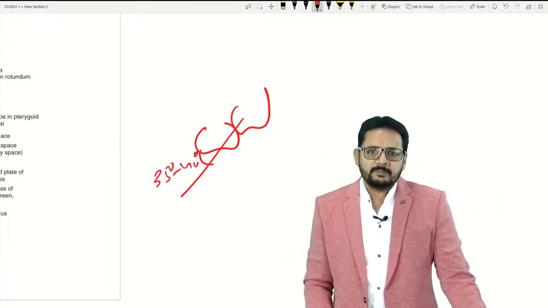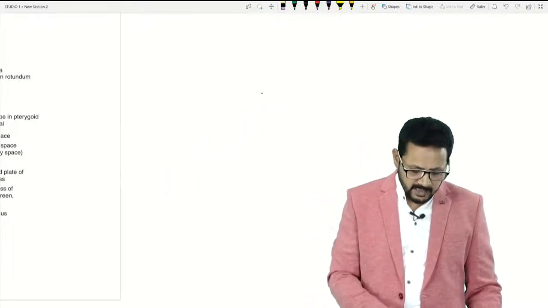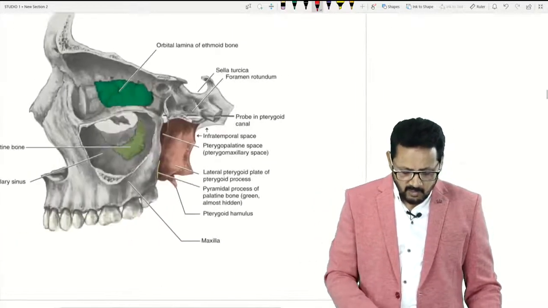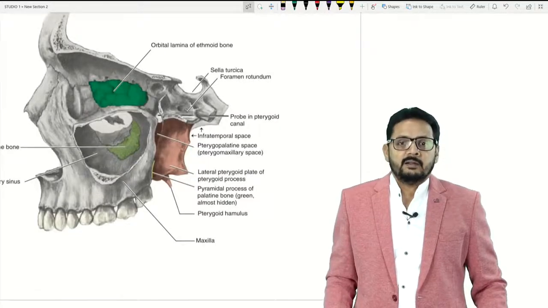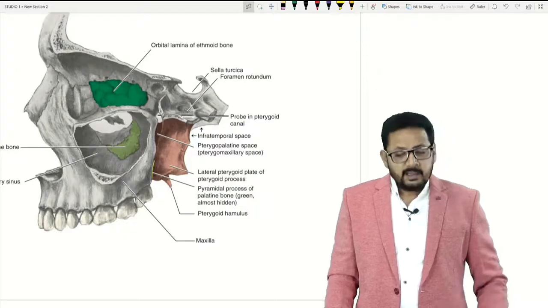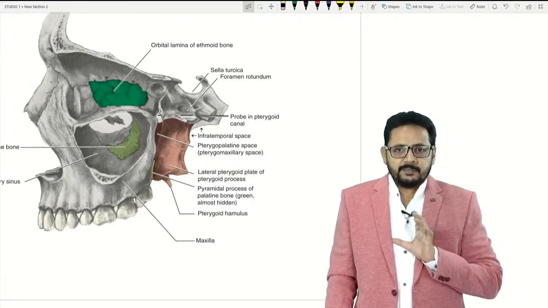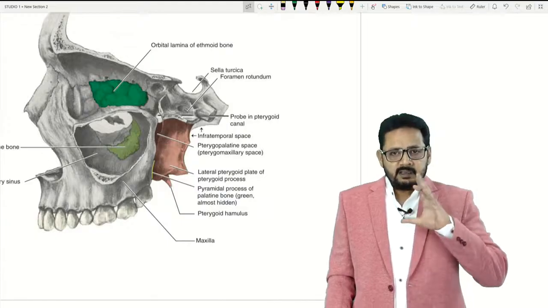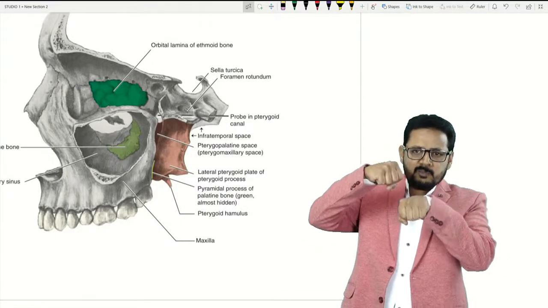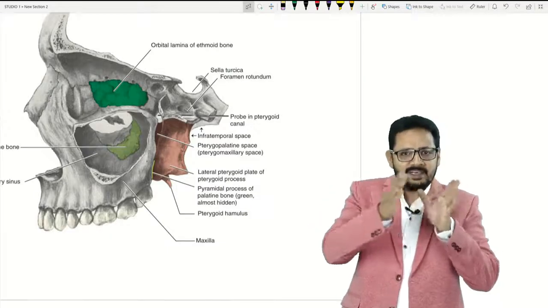This angulation should be approximately 35 to 40 degrees if you really want to target the tubero-pterygoid junction. One more important thing to note: the superior position of the pterygoids I explained to you is in recently extracted cases.